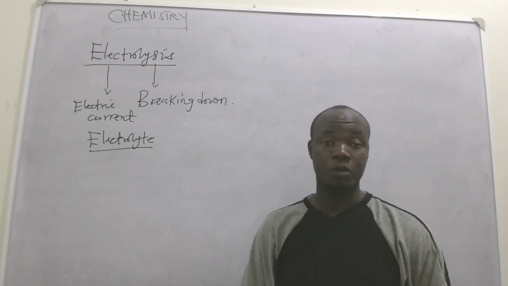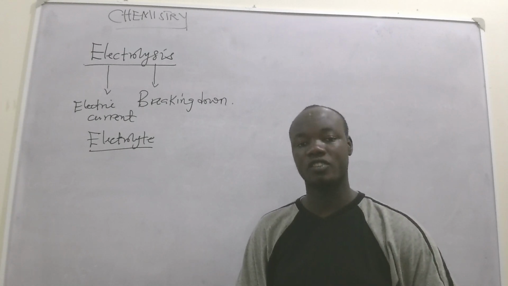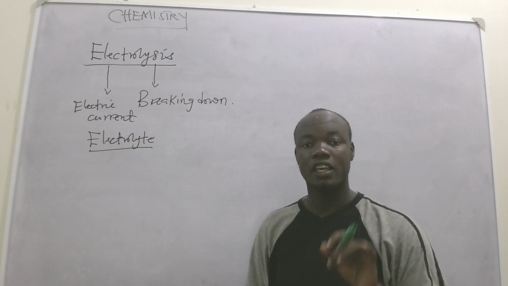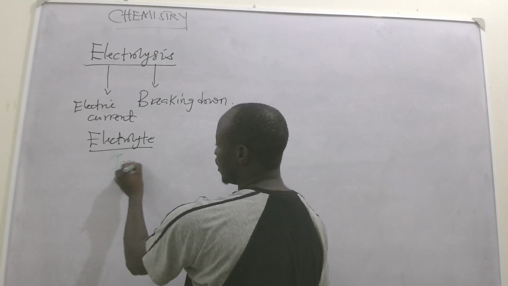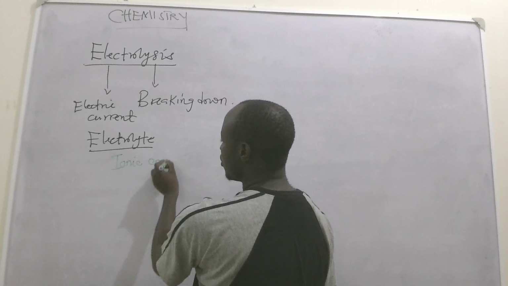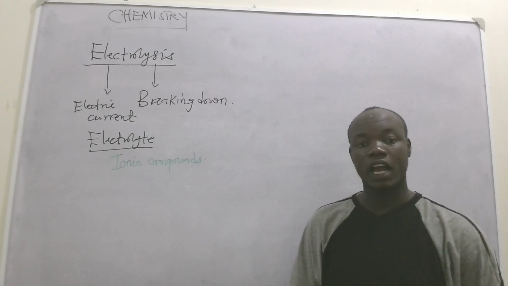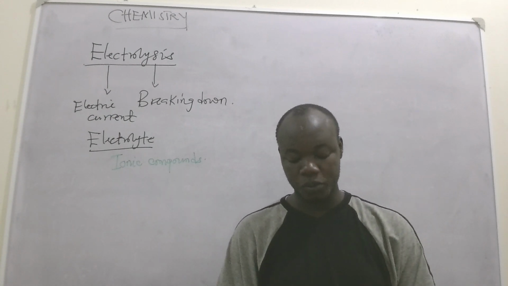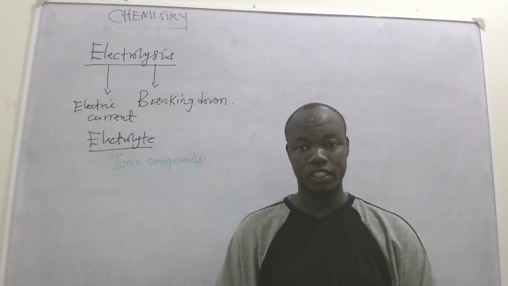Electrolytes are compounds that dissociate or break down during electrolysis, and usually electrolytes are ionic compounds. So electrolytes are chemical substances that decompose during electrolysis.